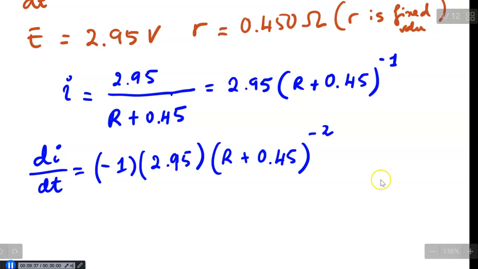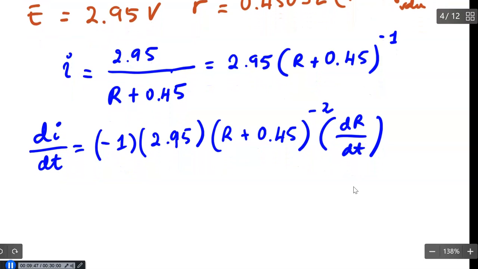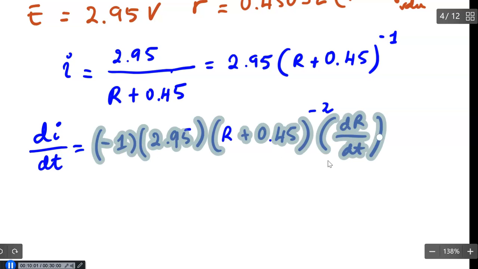However, I differentiate this in terms of time as well, right? So I need to multiply by dr over dt. You don't want to miss this dr over dt. Okay, I realized that I skipped a step, so let me rewrite this because I do have a lot of time.